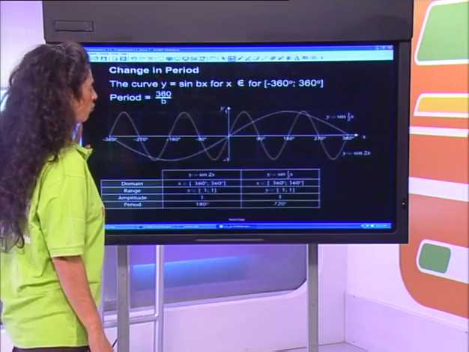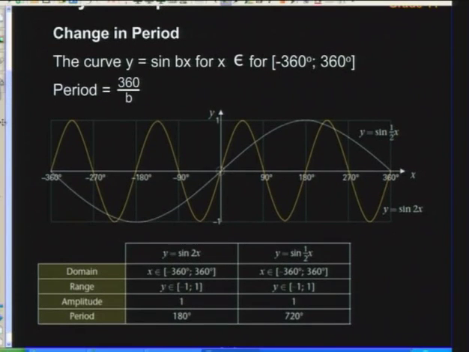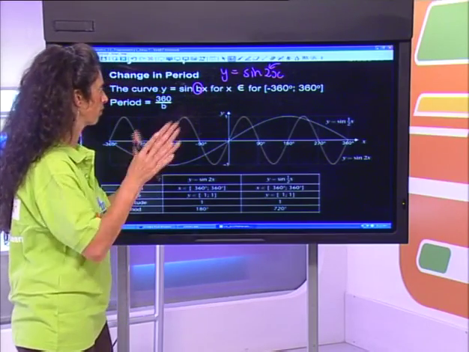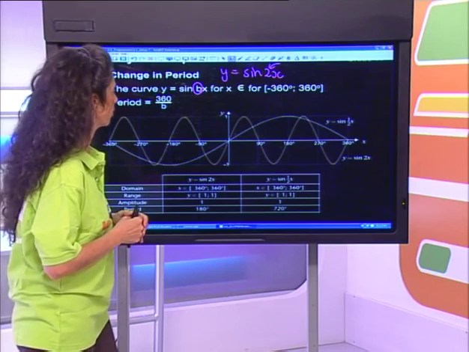So if we look at the coefficient of the angle, that very number will impact on how many cycles we're actually going to get. We saw just now that if it was y equals sine 2x, then there are going to be 2 cycles of that parent graph in a period of 360 degrees, or in a distance of 360 degrees.